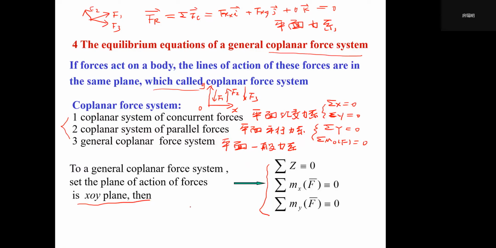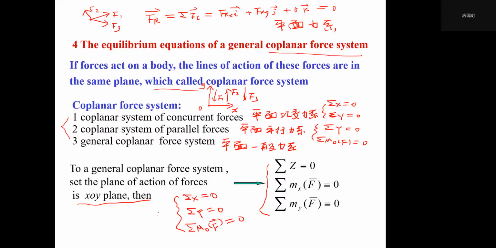Actually, we always draw it like this. Our very important three equations are sigma Fx equals 0, sigma Fy equals 0, and we can arbitrarily select a point O, and the sum of the moments of all the forces about the point O will be 0.